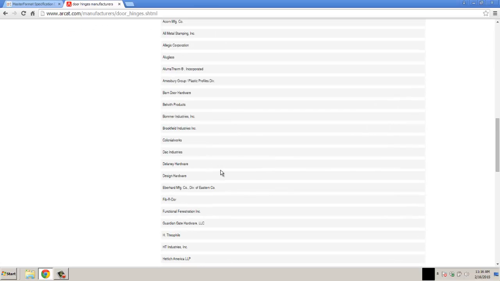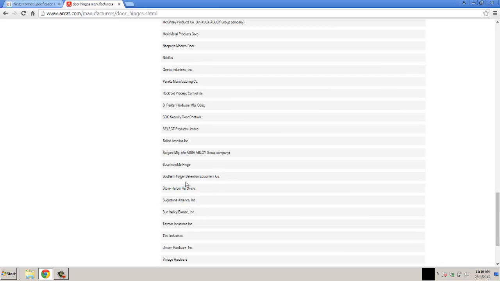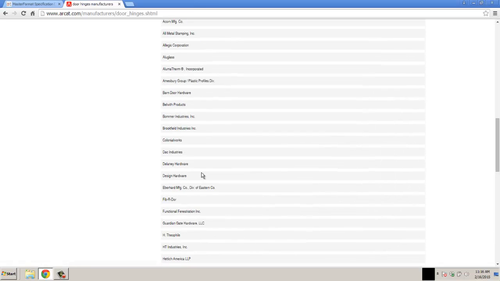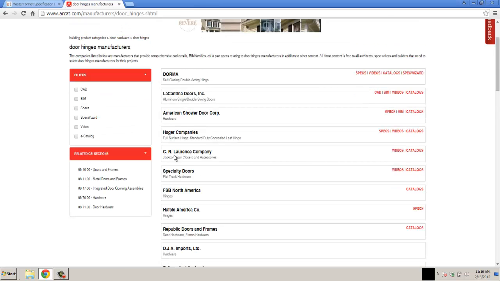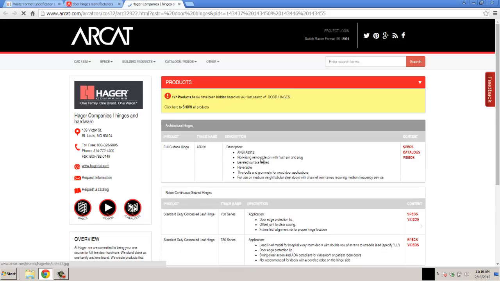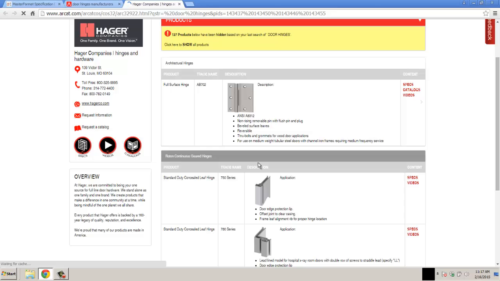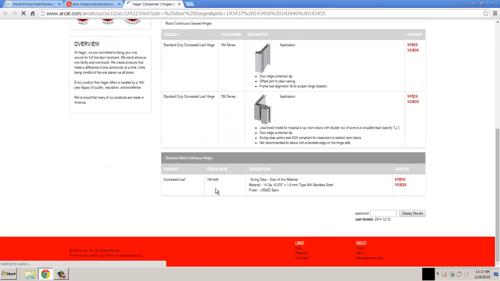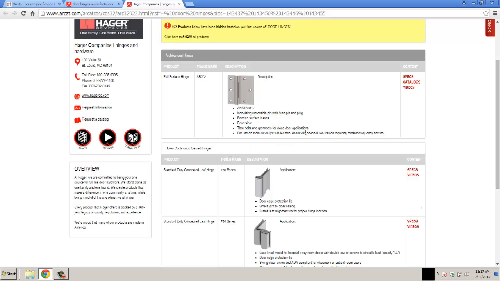I know Stanley makes hinges too. They're probably listed in here somewhere, or they may be under a different name. But let's just look at Hagar companies. And there's full surface hinges for doors. We've got concealed leaf hinges. And I want to see the specifications for this particular full surface hinge.